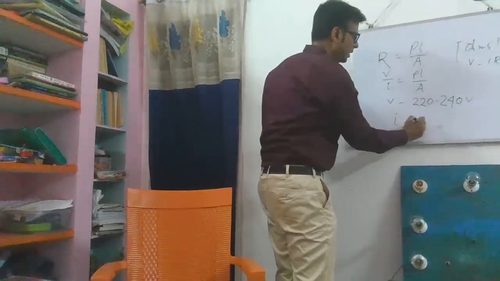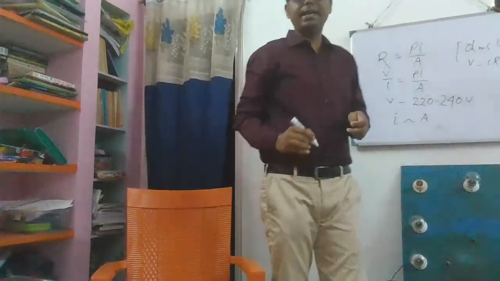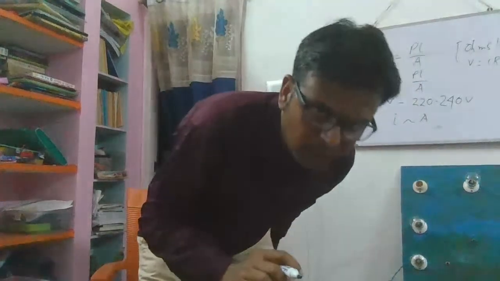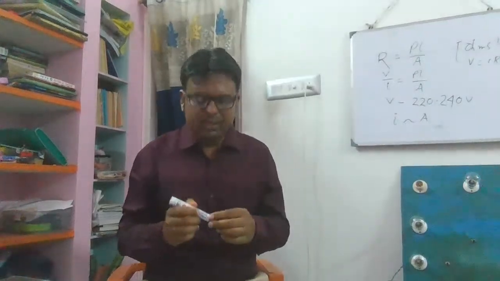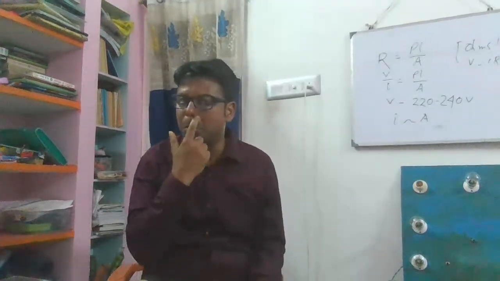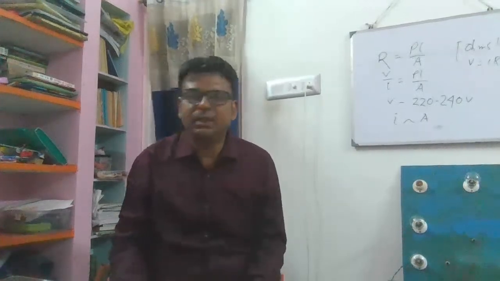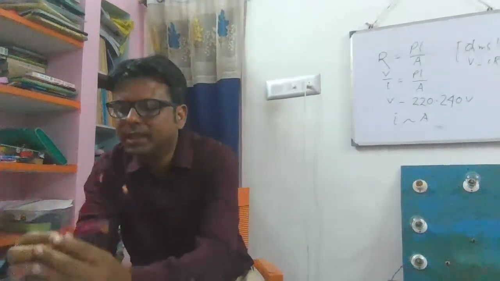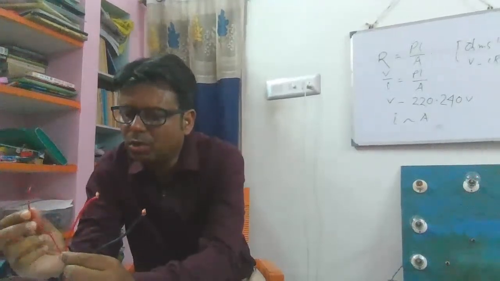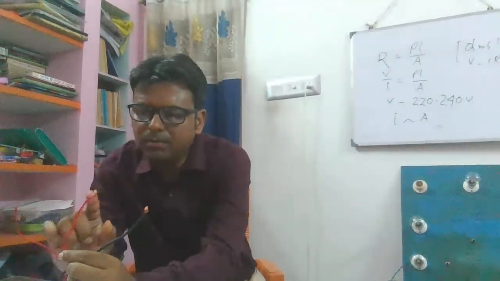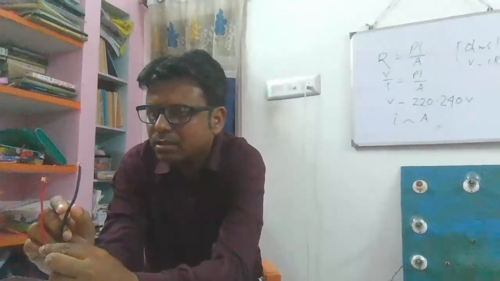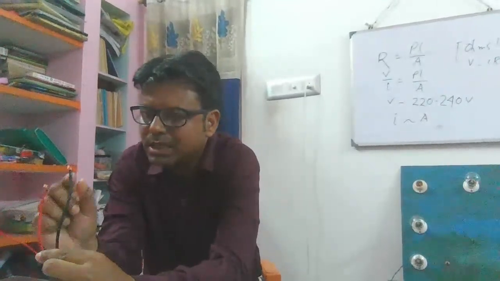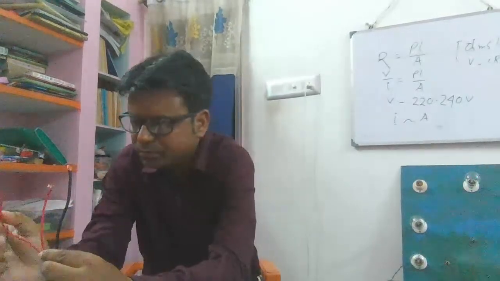So I is analogous to A. If I use more cross section area, then the current flowing through it can be larger. A thin wire can pass a small amount of current, a moderate wire can pass more current, and a thick wire can pass a much larger current.